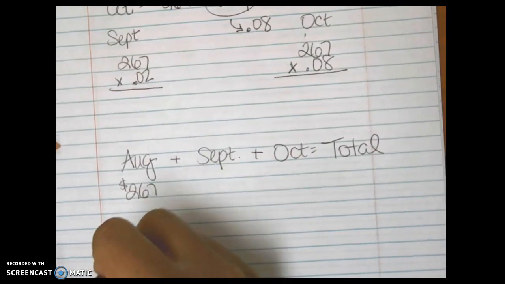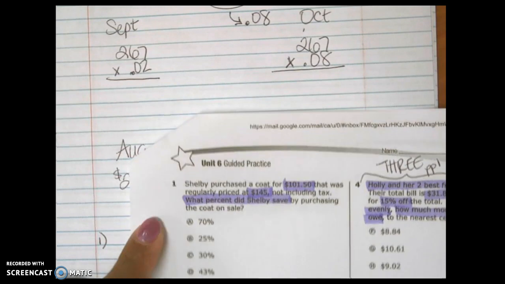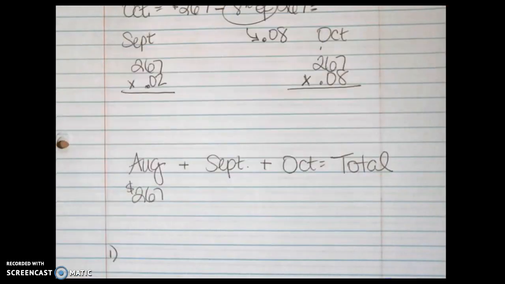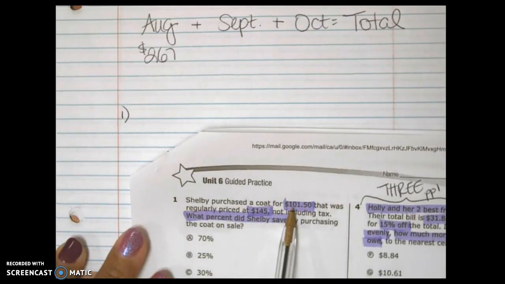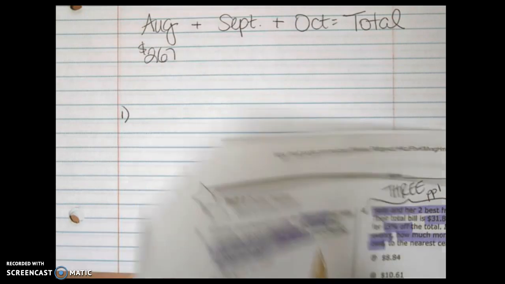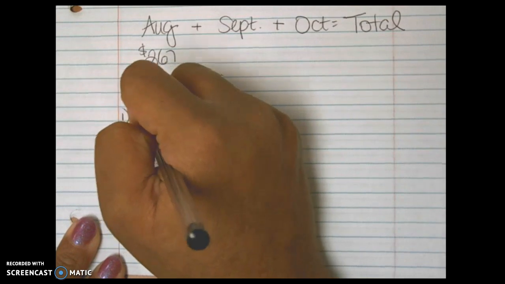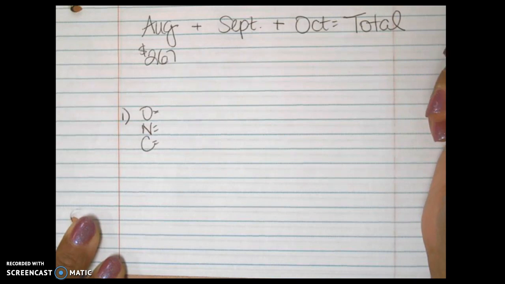Then working backwards back to number 1 regarding Shelby. Remember, I'm not giving you answers, I'm just giving you steps on what to do. Shelby purchased a coat for $101.50 that was regularly priced at $145. So I have 3 numbers that I need. I need my original, my OG, my new number, and my change.